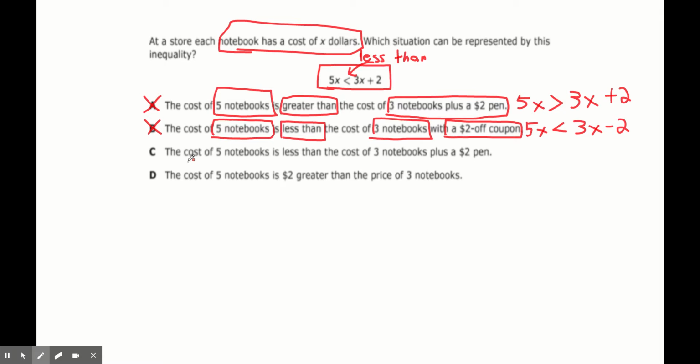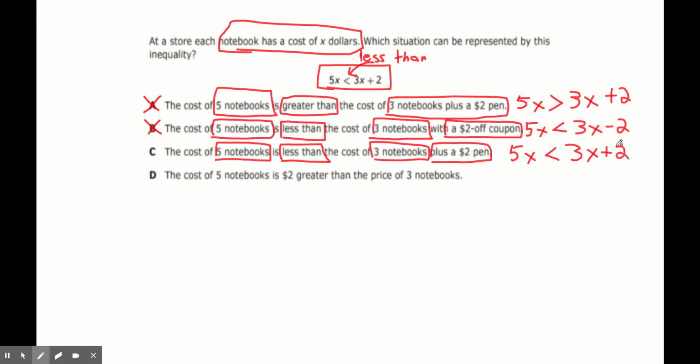Let's move on to C. So C says the cost of 5 notebooks is less than the cost of 3 notebooks plus a $2 pen. All right, so again, we've got 5 notebooks, so 5 times the cost of 1 notebook, or 5 times X, is less than the cost of 3 notebooks, so 3 times the cost of a notebook plus a $2 pen.